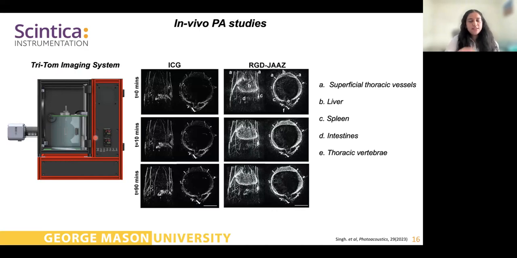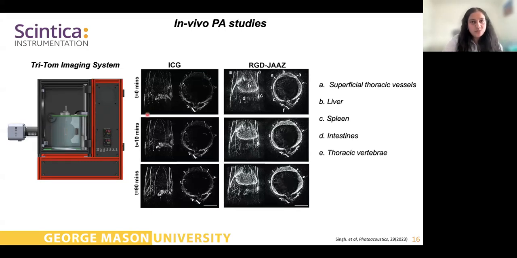They were done on 2 nude mice, inserted into the sample chamber over here. A baseline PA scan was obtained of the animal before the injection of ICG, which was used as a control, and RGD JAS was the particles used for study in this in vivo study. Before these 2 injections, there was a baseline scan obtained.